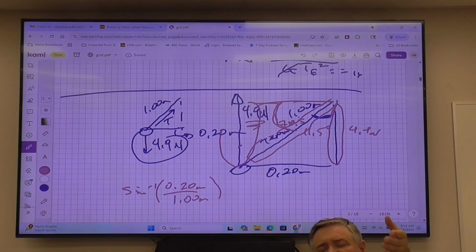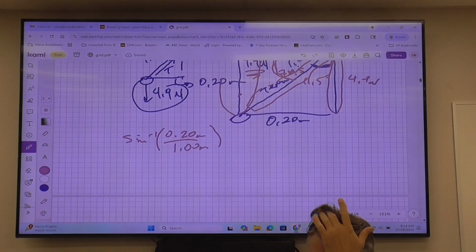If the vertical component out there is 4.9 and you're trying to find the hypotenuse, what does your hypotenuse, which is the tension, have to be bigger than? 4.9. Otherwise you have violated both Euclidean and non-Euclidean geometry, okay, which is kind of cool, right? So you know your answer has to be bigger than 4.9.